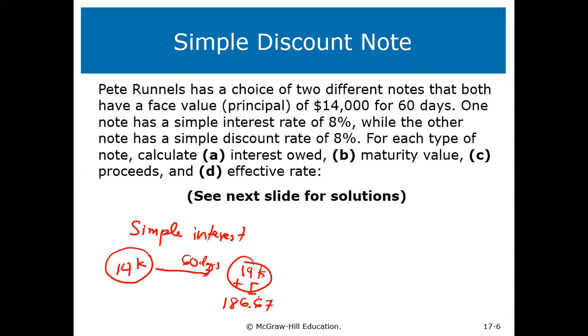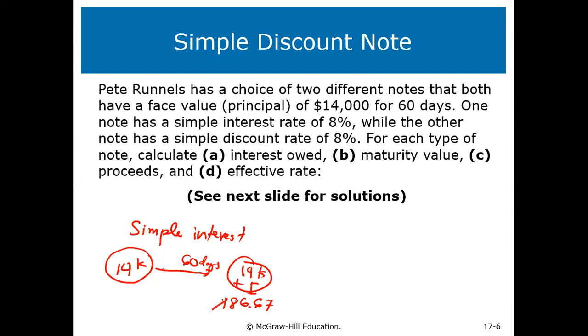So that's the simple interest. We have discussed that already before. So the amount to be paid, the maturity value, will be 14,186.67.